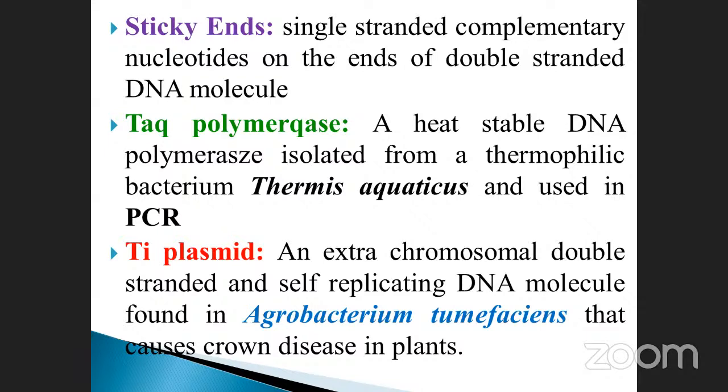So what will be the effect of this one? When this type of plasmid is present in a plant, it can produce crown gall disease in the plant. What is the meaning of crown gall? Crown gall is nothing but a tumor. What is the meaning of tumor, my dear? Any idea?